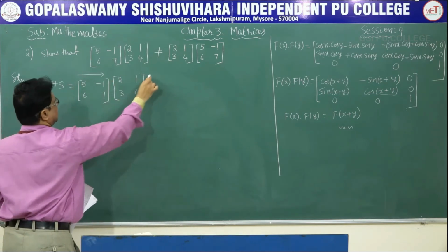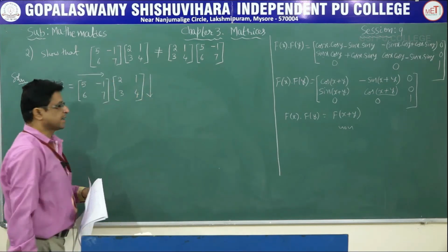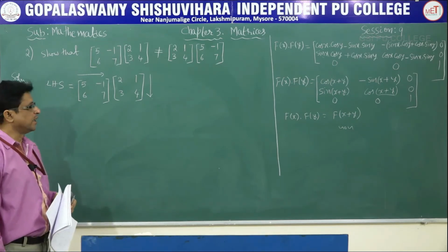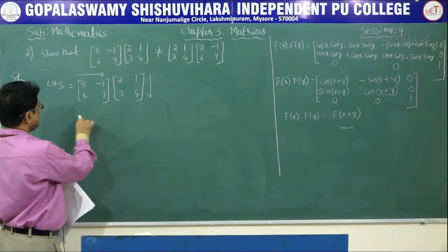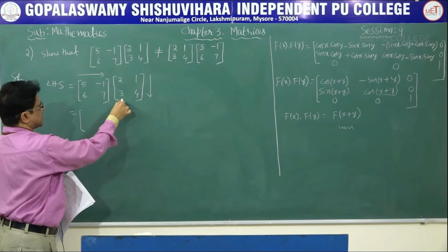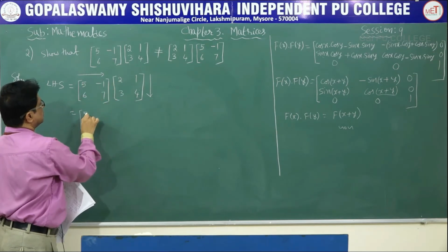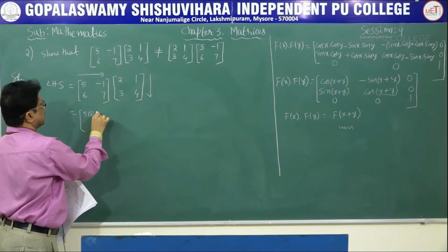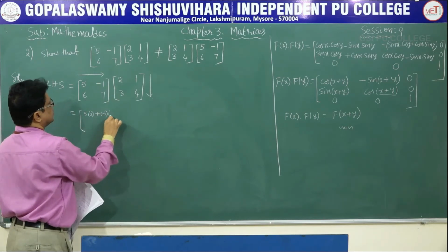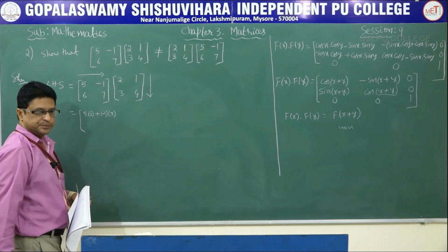So as usual, the rule for the product of two matrices is row into column. So that will be equal to first row into first column, 5 into 2 plus minus 1 into 3.